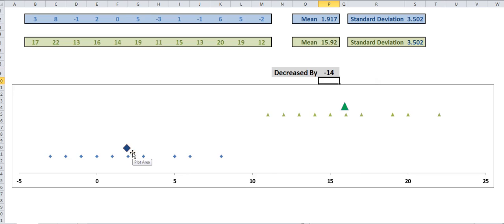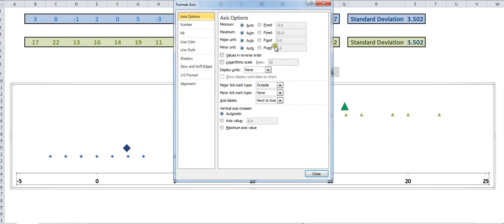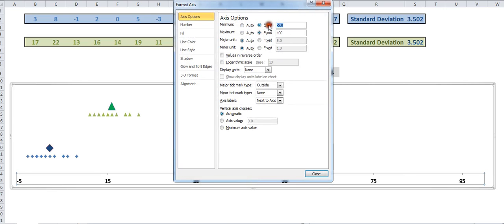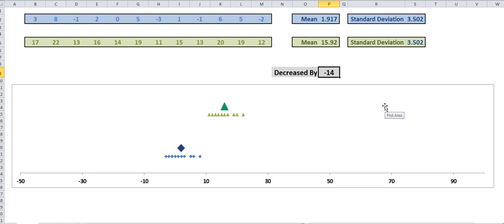Again, the blue data set appears as though it's flopping and flipping all over the place. It really isn't, and I can prove it to you by fixing the axis. I will fix the axis at a fixed maximum of 100 and a fixed minimum of -50, just to prove the point to you. And now, when I change the data sets accordingly, you'll see the original data set staying right there, and the new data set popping around.